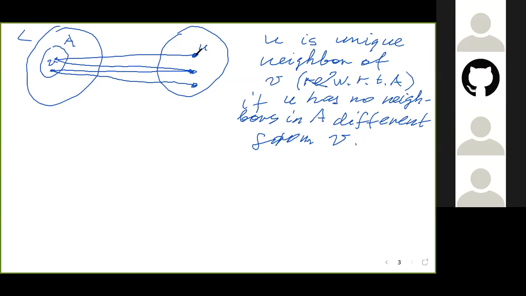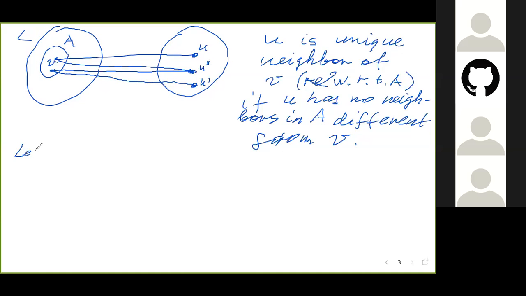And U is a unique neighbor with respect to A. This, call it U prime, is also a unique neighbor, but this U prime prime is not a unique neighbor, because it has two neighbors in A.